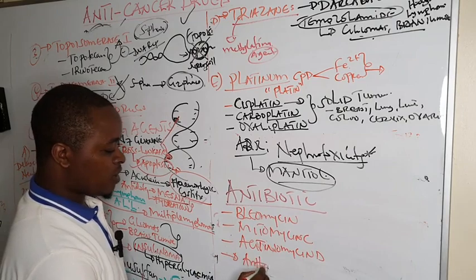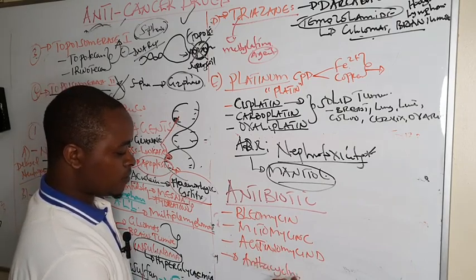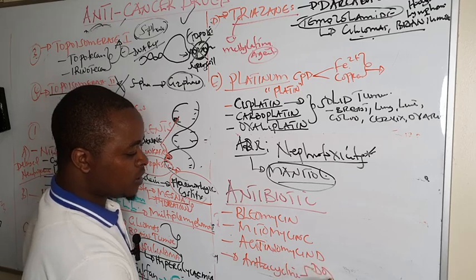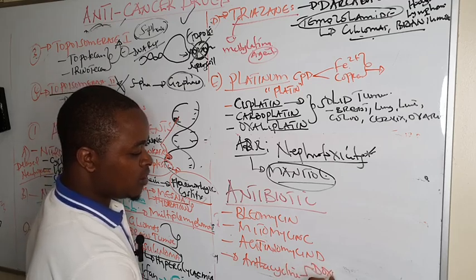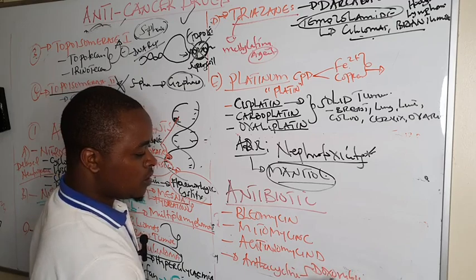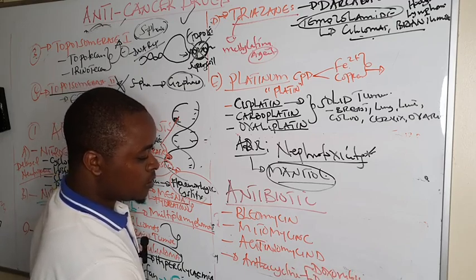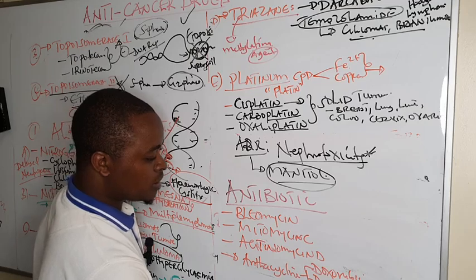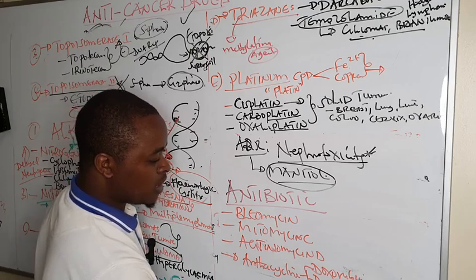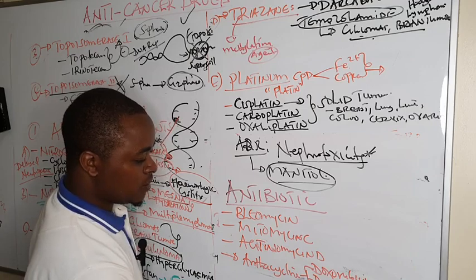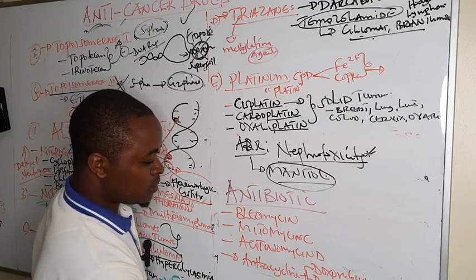Then we have what we call anthracyclines, which include doxorubicin, daunorubicin, and epirubicin. These end with the suffix rubicin.